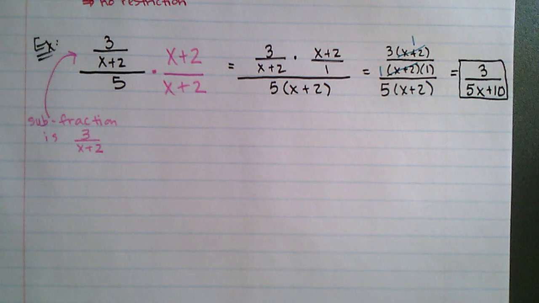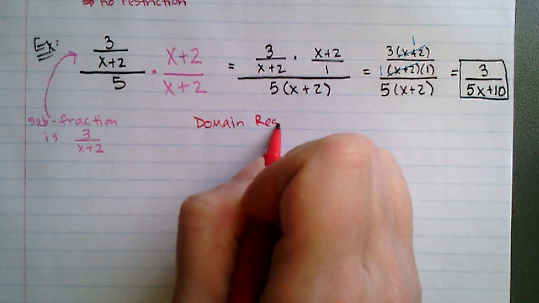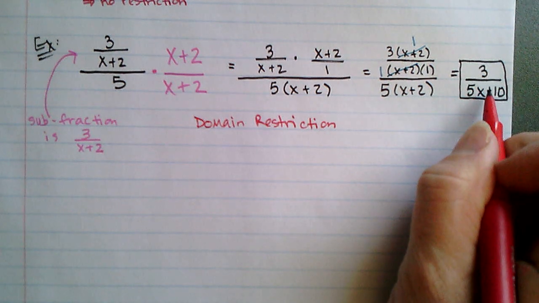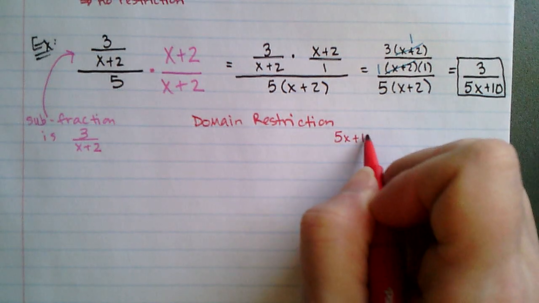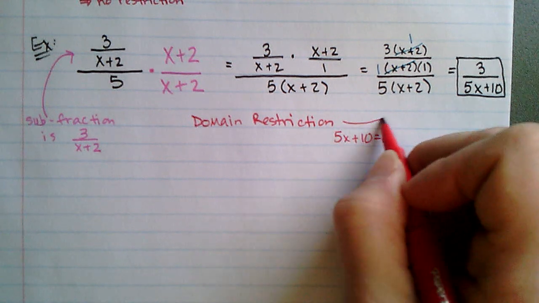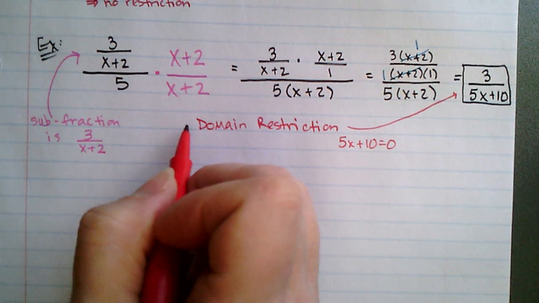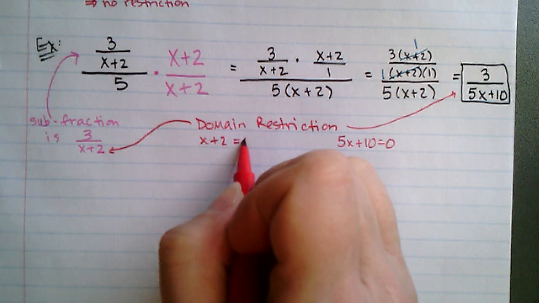Now let's look at domain. So in the domain restriction area, I have a domain restriction of my ending problem. So I'm going to set 5x plus 10 equal to 0. That came from here. And I have a domain restriction from my subfraction. So x plus 2 equals 0.